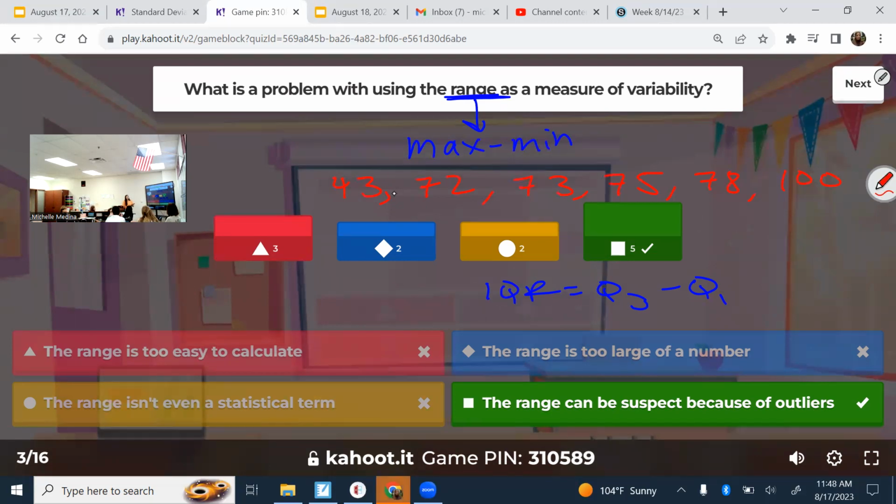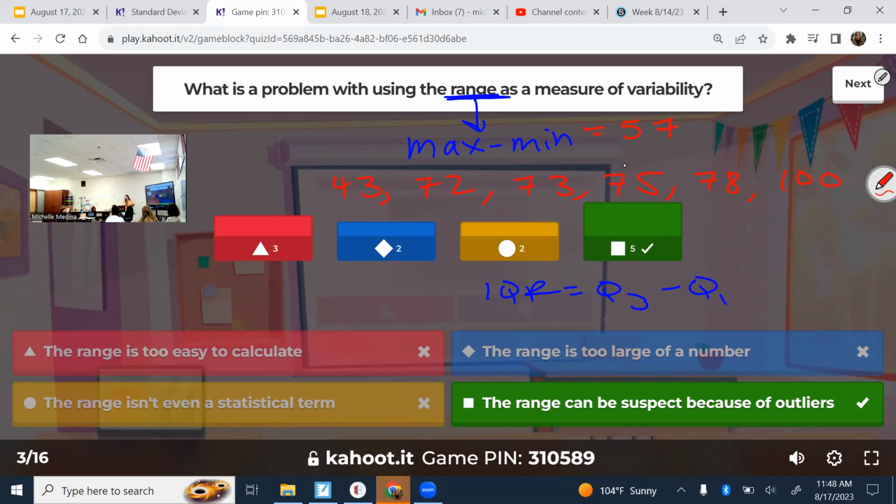That's supposed to be his test scores. What does he usually score? Around the 70s. But if I just took the range of the entire thing, 100 minus 43, then that's saying that his scores are spread out by like 57 on average.